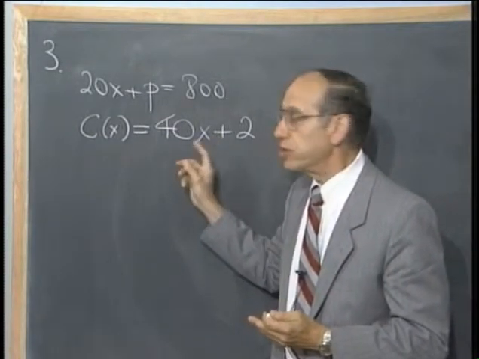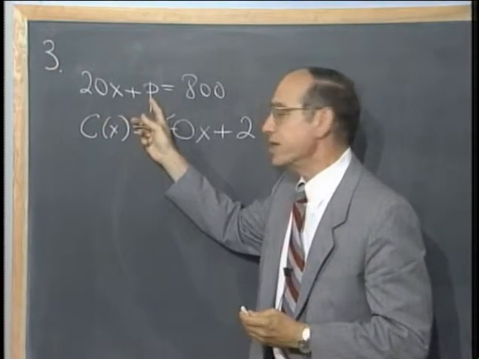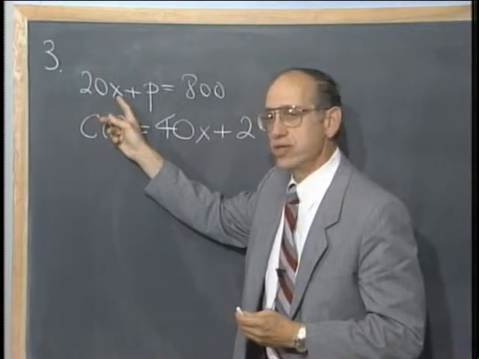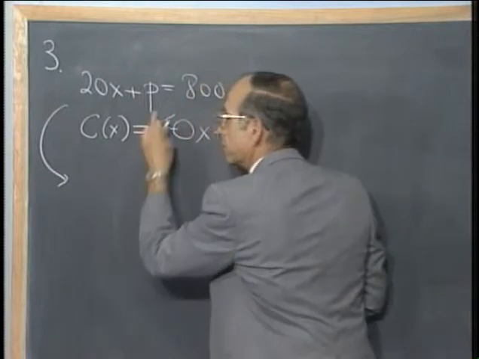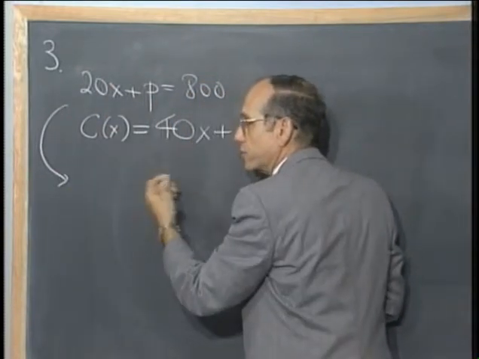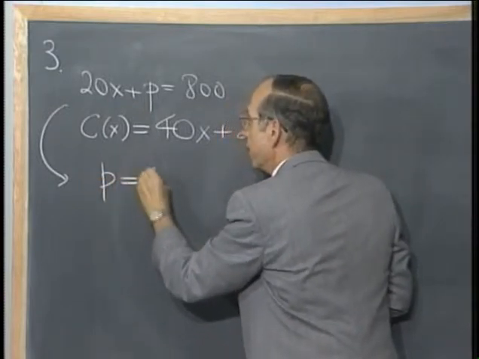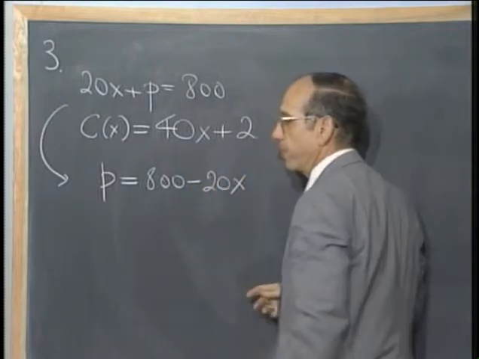So what we're going to do is take this demand equation and find out what P is, that is the price per widget, in terms of x, the number of widgets. Solving this for P, we simply bring the 20x over to the other side of the equation by subtraction, and we get P is equal to 800 minus 20x.